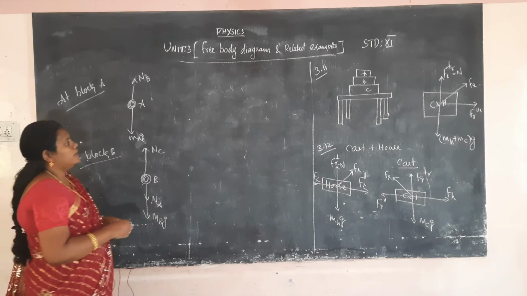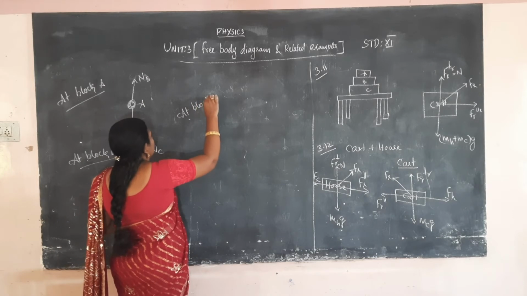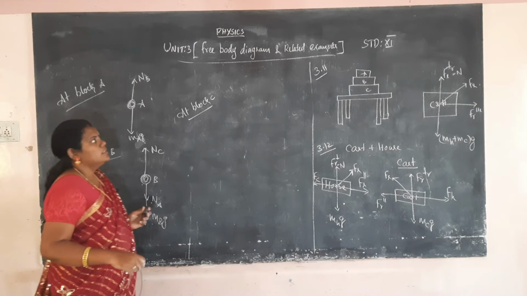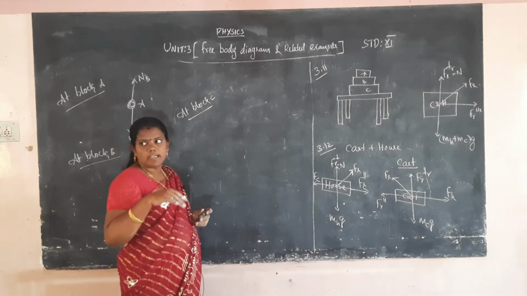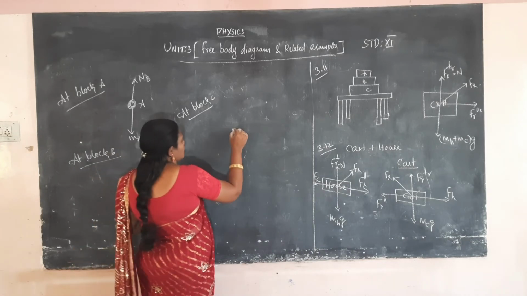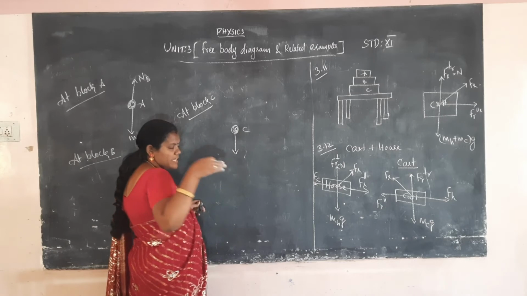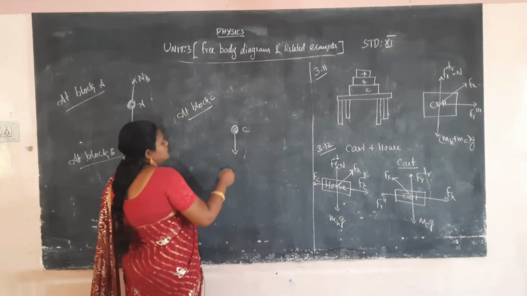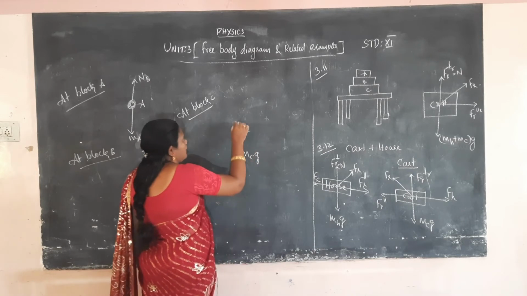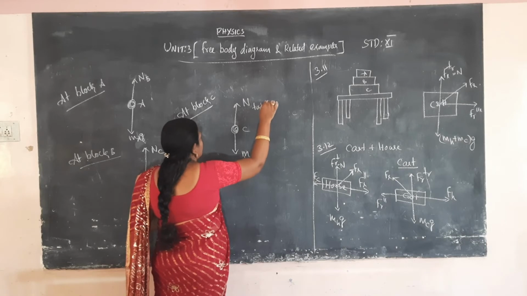Okay, and at block C, how to calculate now? Block C will be giving a downward force to the table, so m_C g, and an upward force will be exerted by the table, that is N_table.